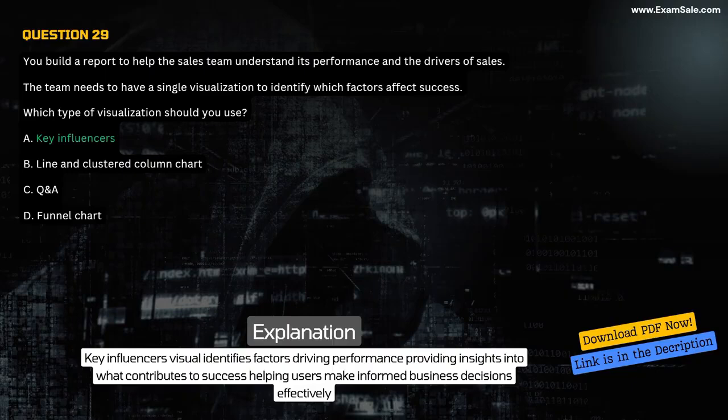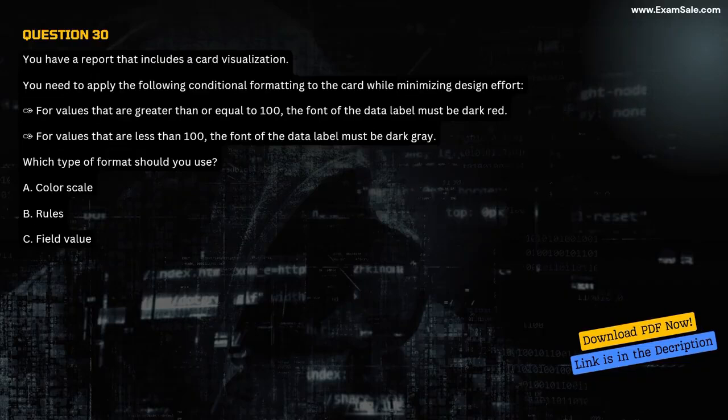Question 30. You have a report that includes a card visualization. You need to apply the following conditional formatting to the card while minimizing design effort. For values that are greater than or equal to 100, the font of the data label must be dark red. For values that are less than 100, the font of the data label must be dark gray.